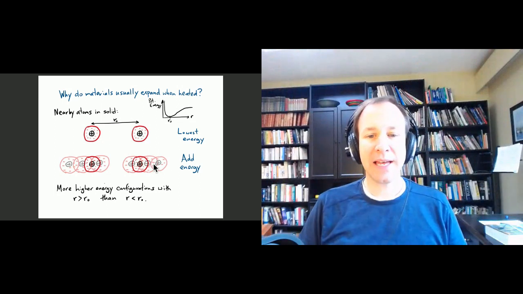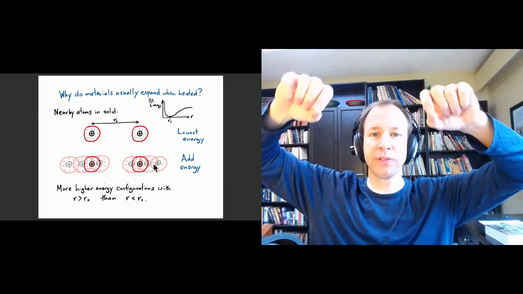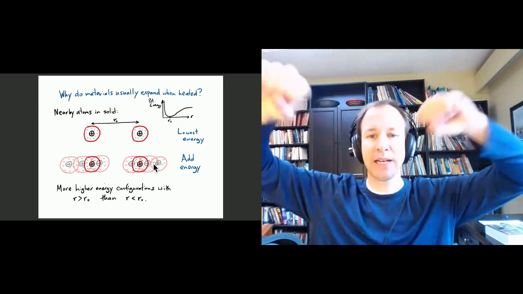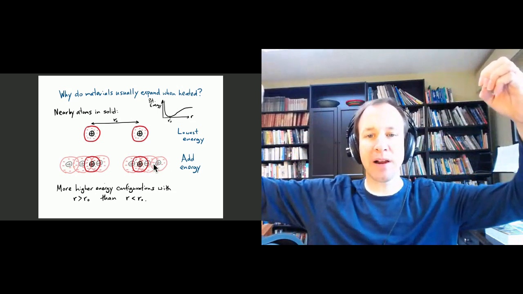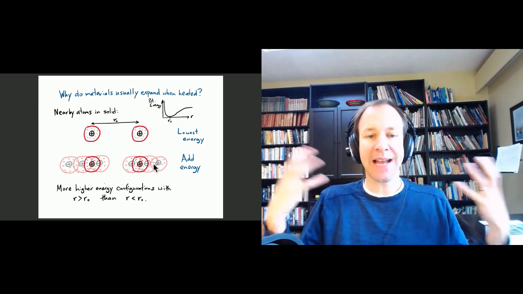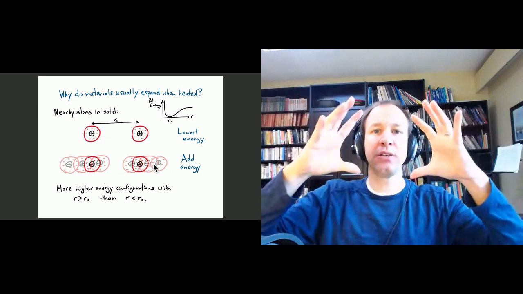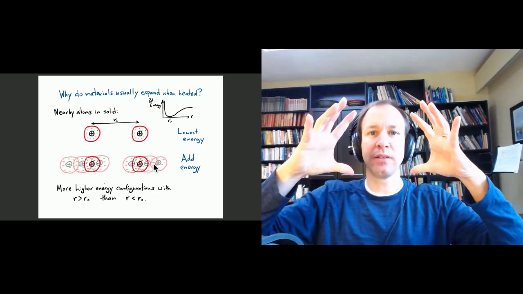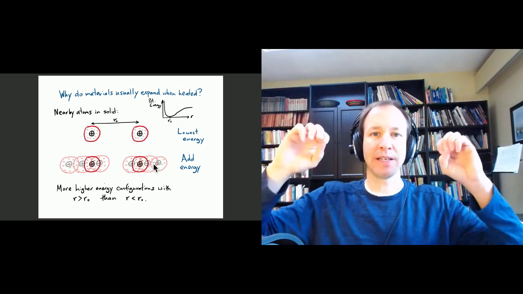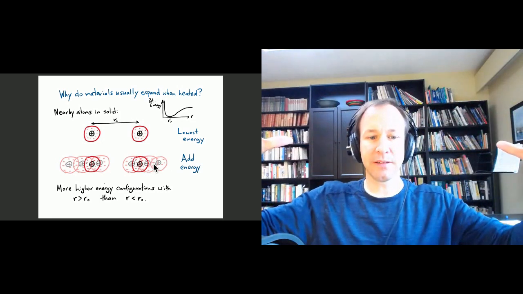And so in the end, on average, two molecules that are randomly moving around and vibrating tend to be further apart than the minimum energy distance. And so that means that on average, your solid is going to get larger because the average distance between the molecules is going to be slightly larger than R0.